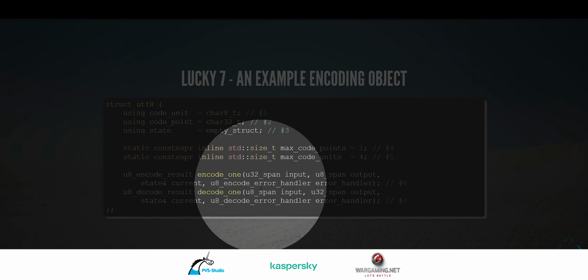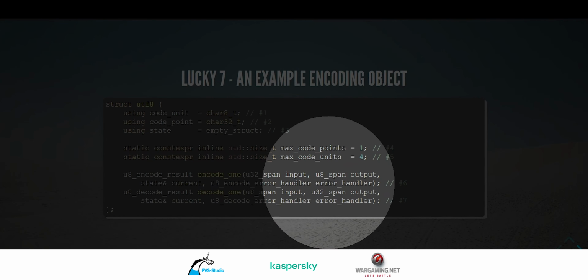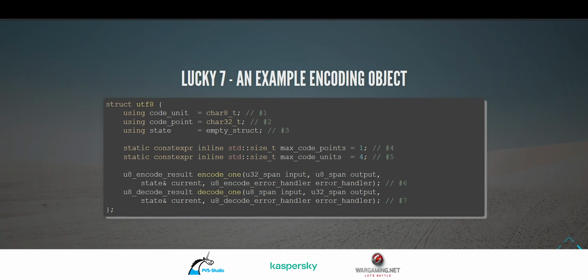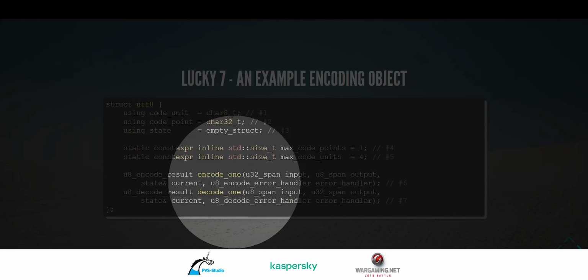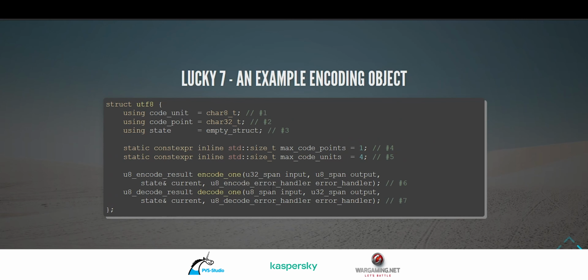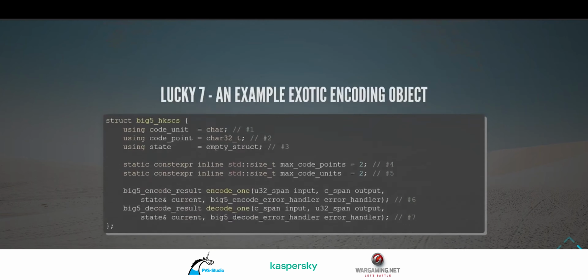And then we have this encode error handler type, which is an error handler if something goes wrong, right? And it's identical for the decode 1 function as well. It's just kind of reversed, right? The input is instead char8_t, and the output is instead a U32 span to put out Unicode code points. And then you have the same state and error handler variables, and that's what an example encoding object looks like.